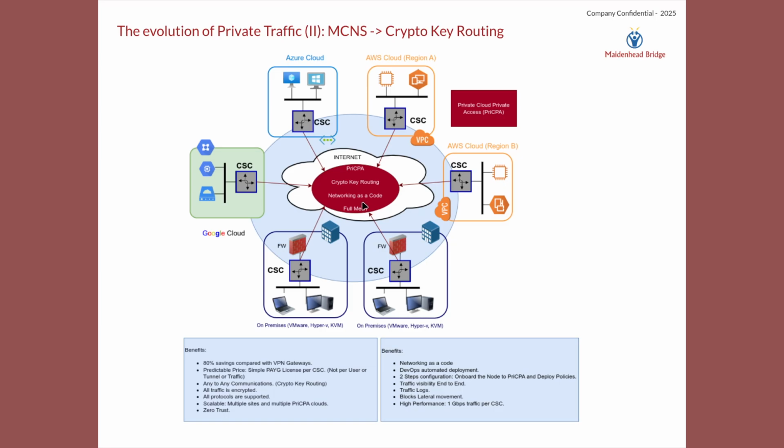There are other solutions that are not end-to-end, and then you will get problems with the logs, and problems with things that validate your source IP. You will get a lot of problems. In this case, the traffic visibility is end-to-end. It blocks lateral movement with zero trust, and its high performance is 1 gig per site.